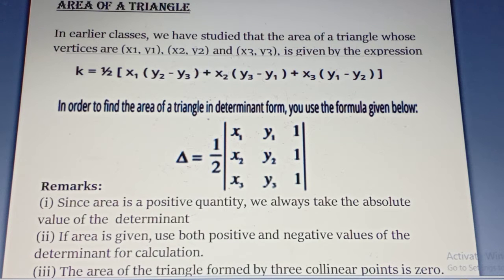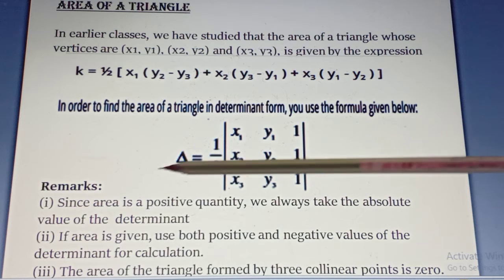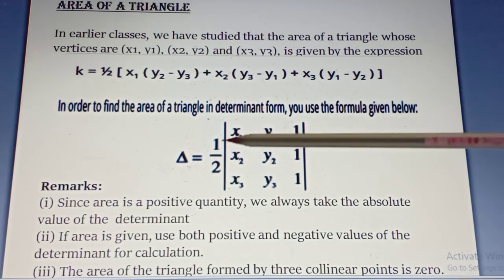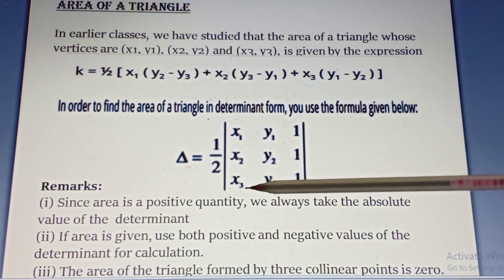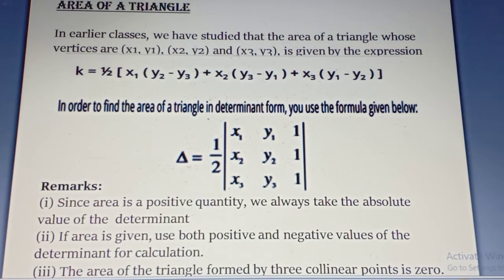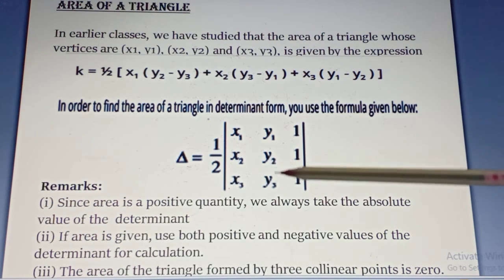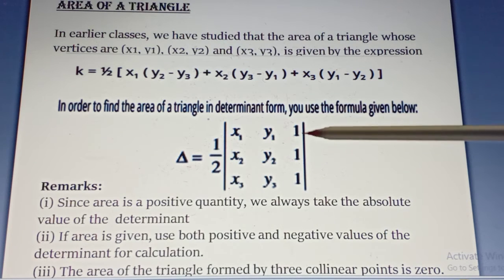So students, in order to find the area of a triangle in determinant form, this formula can be written in terms of a determinant, which is like this: delta equal to half, x1, x2, x3 in the first column, in the second column y1, y2, y3, in the third column 1, 1 and 1.